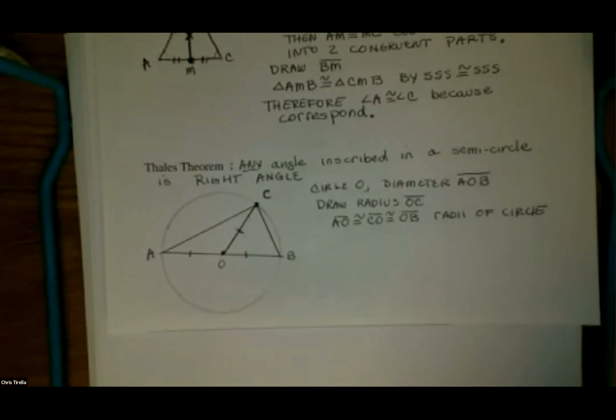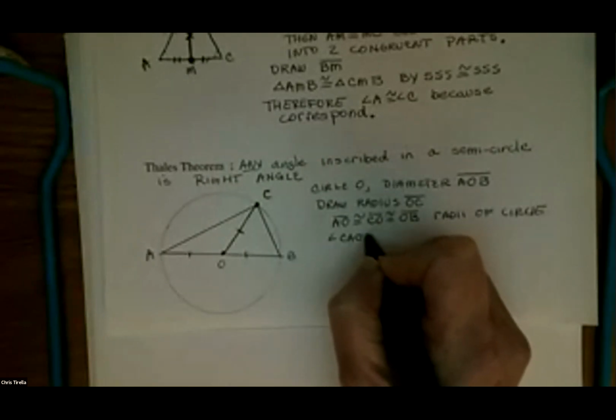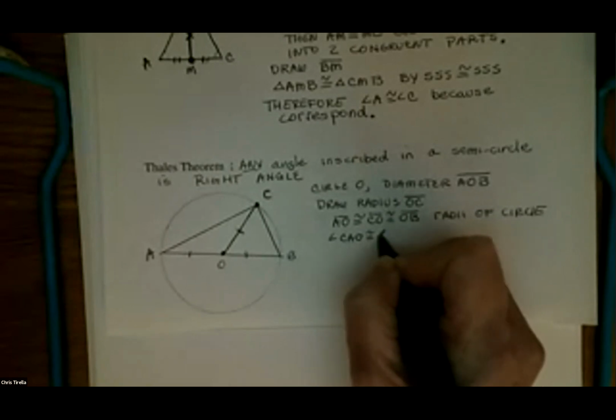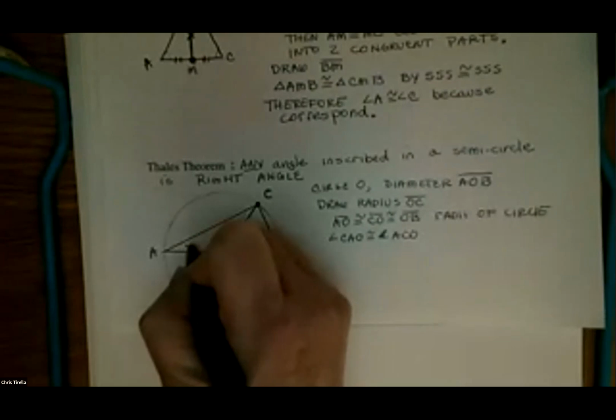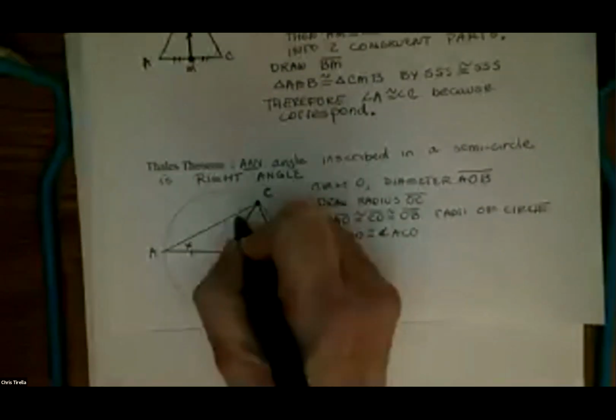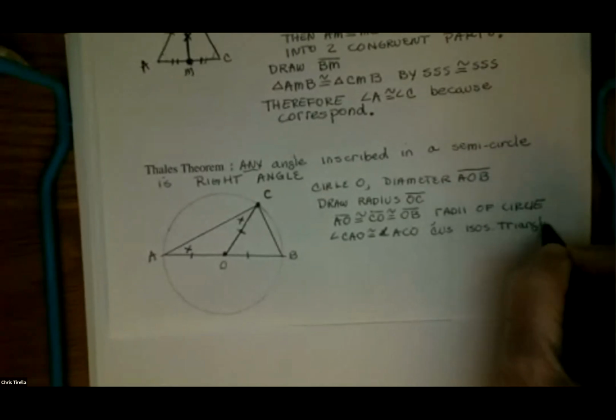Yes. Now, doesn't that mean that angle CAO is congruent to angle ACO? I'm going to call them both X because it's an isosceles triangle. And I'm sorry, I'm doing a little bit of abbreviation because I'm running out of room.